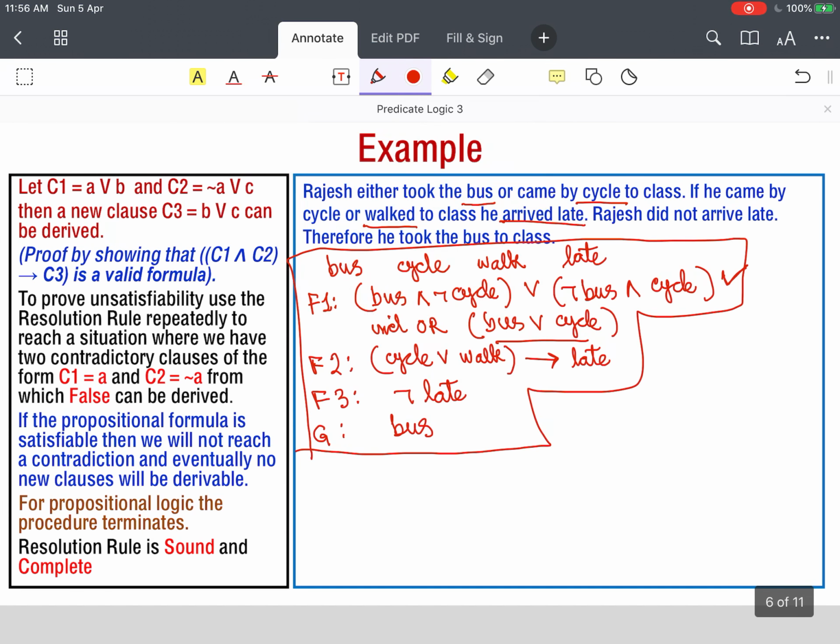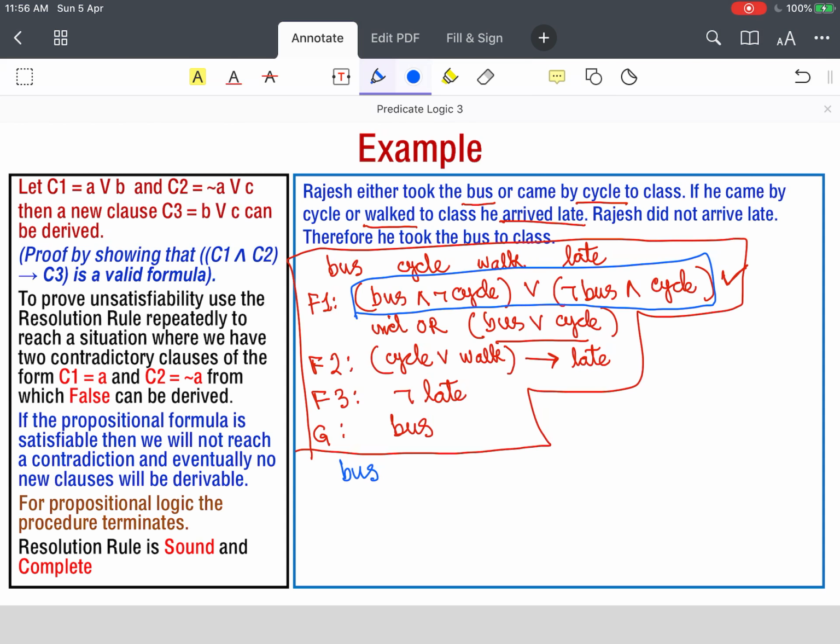Now let us get the clauses. So how do we get the clauses? We get the clauses from each one of them. So this is not in conjunctive normal form, because this contains bus and not cycle, or not bus and cycle.